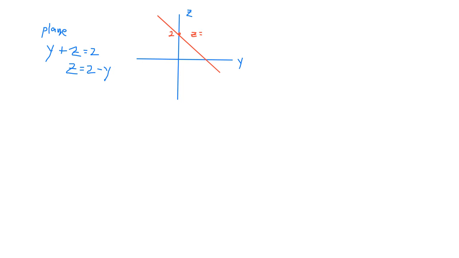The y-intercept is 2. The slope is -1. Let's say I had just a line, z equals 2 minus y. I draw a YZ plane, and this is what the line looks like, right? It has a y-intercept of 2 and a slope of -1.